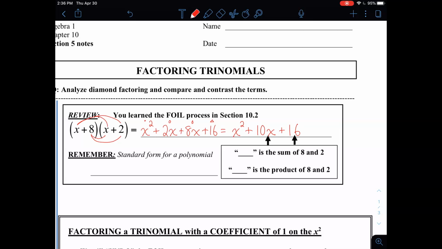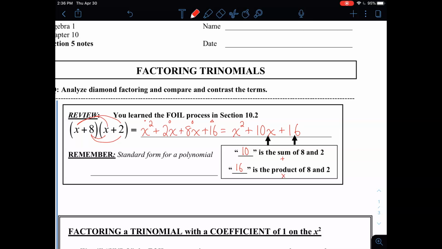Okay, so what we're going to put here, I think these arrows are kind of goofy, but 10 is the sum of 8 and 2, and 16 is the product of 8 and 2. What does sum mean? Sum means addition. What does product mean? Product means multiplication.